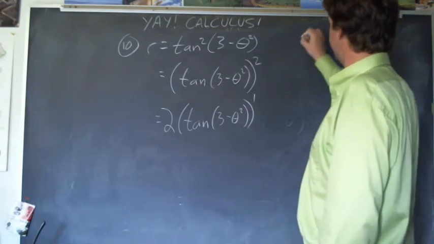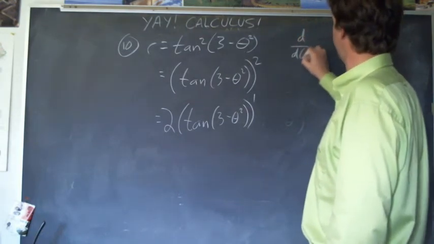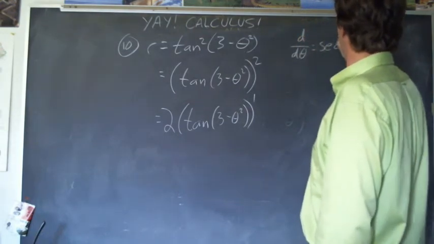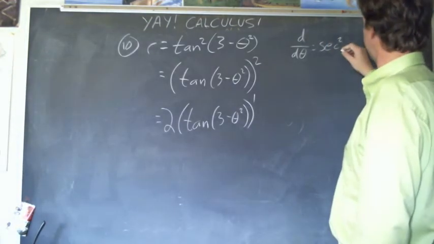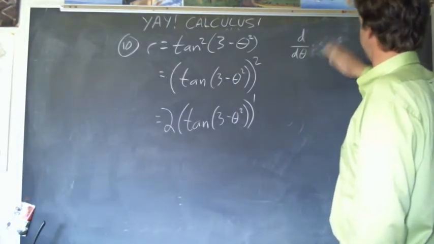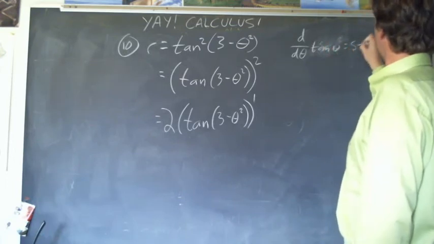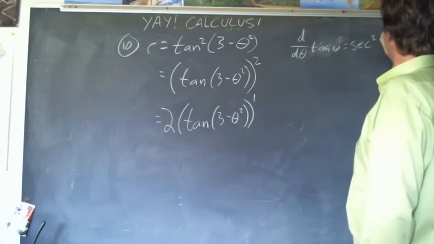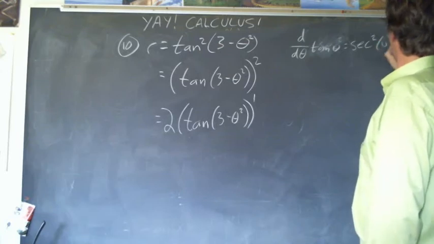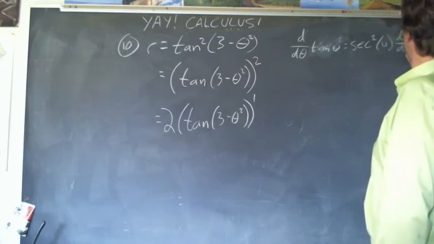Derivative of tangent, the rule, secant squared, derivative of tangent of u equals secant squared u du d theta.